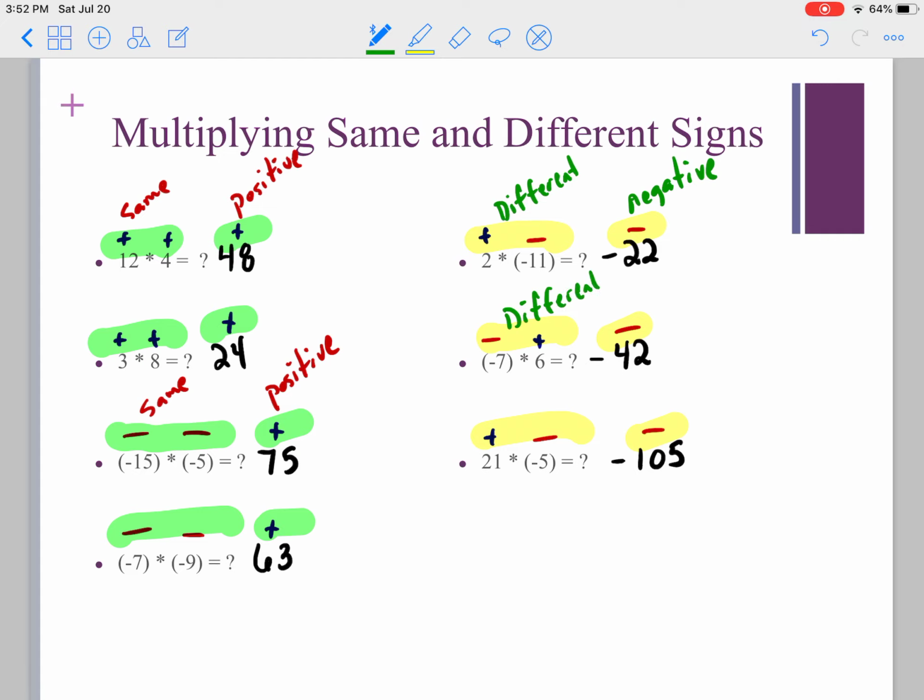And so this is a generalized way that we can understand how signs that are the same and different are multiplied.